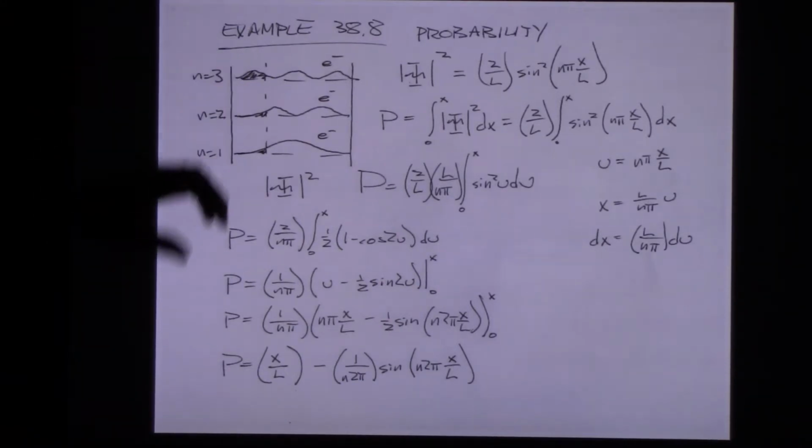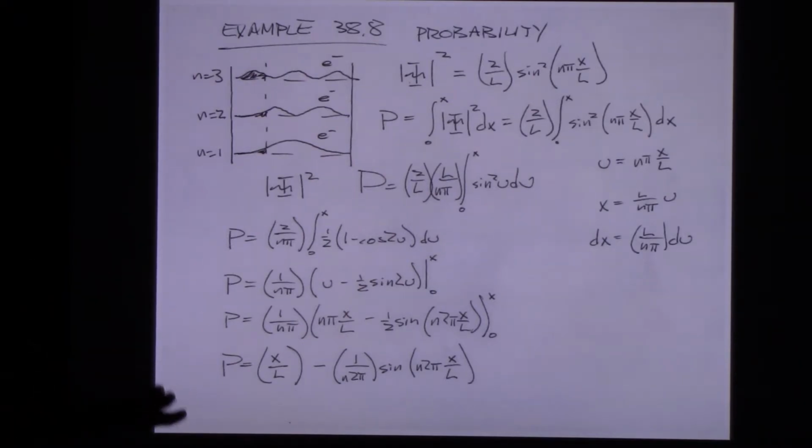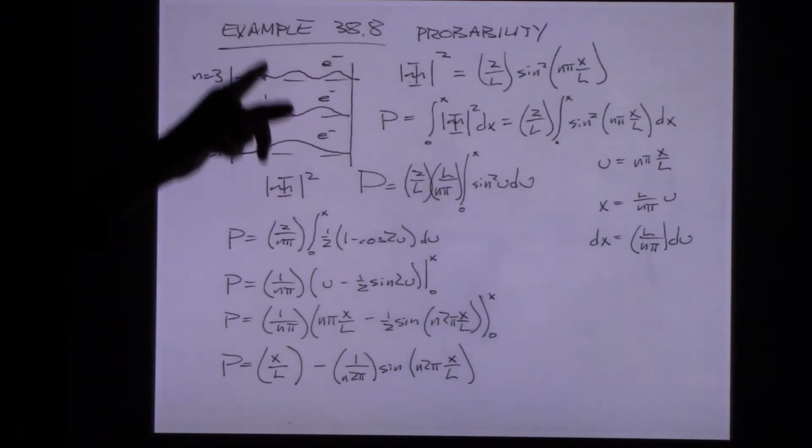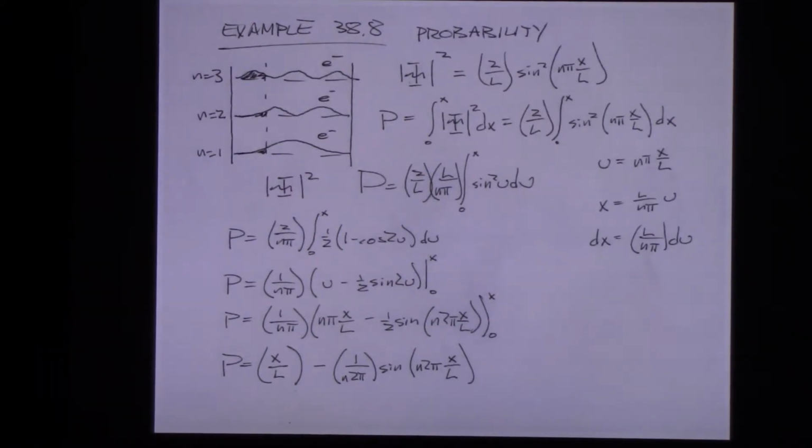State number 4 is going to have 4 lobes, 4 regions of probability, symmetrically placed in these 4 regions that I'm imagining. And that means each one will be right at 25%. In fact, it's starting to seem like all of the even numbered wave functions will be right at 25%, because dividing into fourths, an even number of lobes will always give us a symmetric amount.